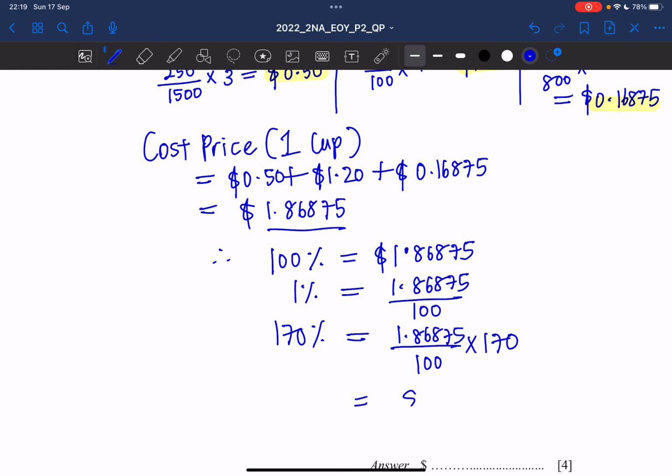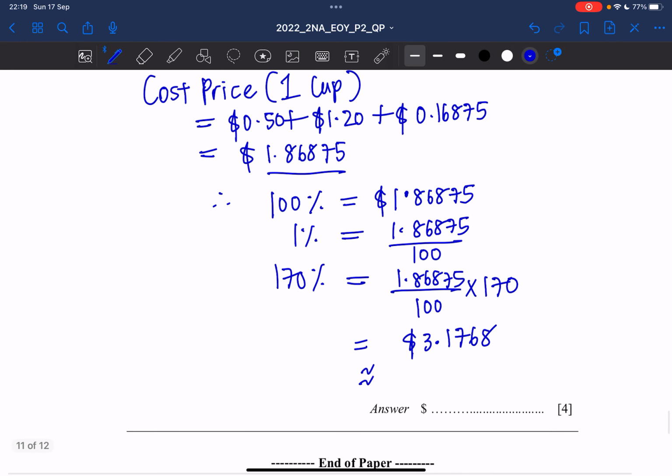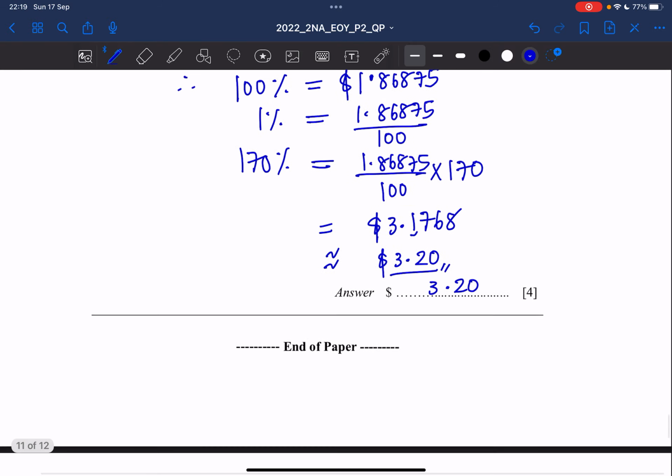So the answer is simply 3.1768. So they want the answer correct to the nearest 10 cents. So the nearest 10 cents is 3.20. $3.20. Okay, so that's all the solutions.